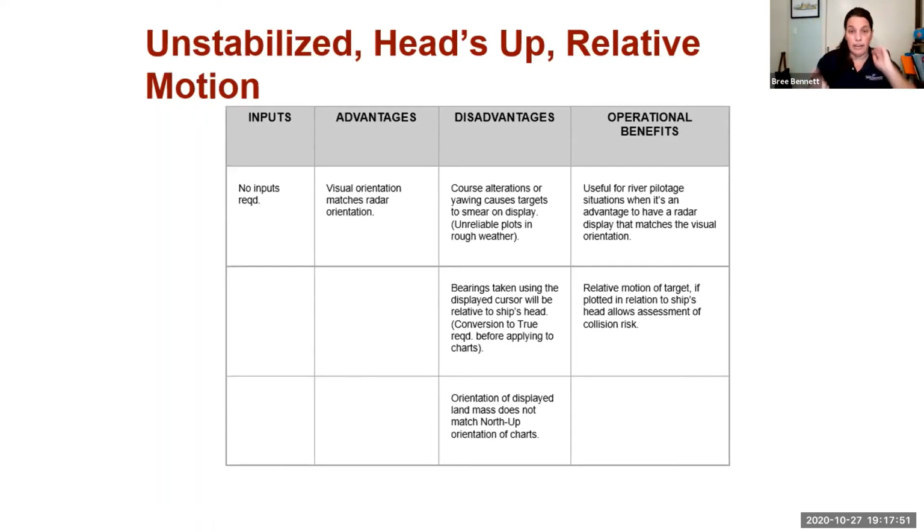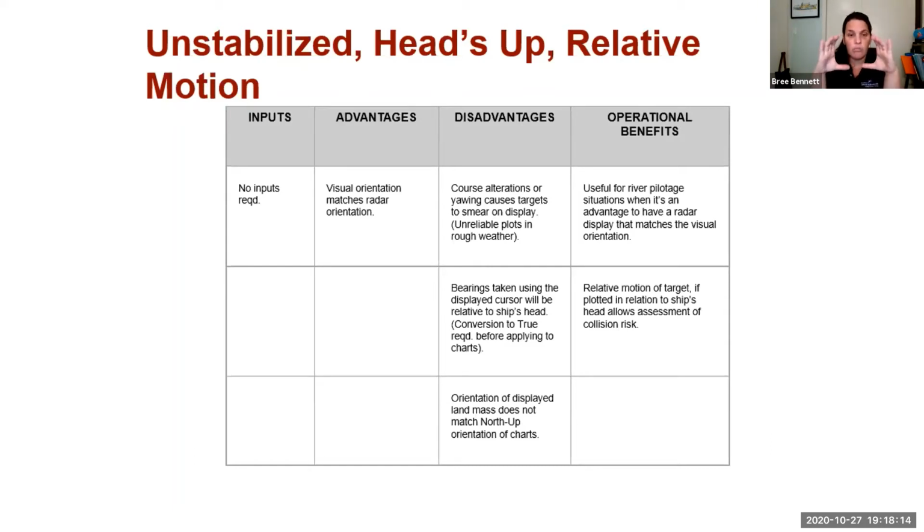So the advantage of this is that if I have a blip on the screen, and I don't have a compass or anything, I'm head up. So wherever my boat is pointing, even if I'm pointed east, west, south, wherever, that is going to be at the top of my radar scope.